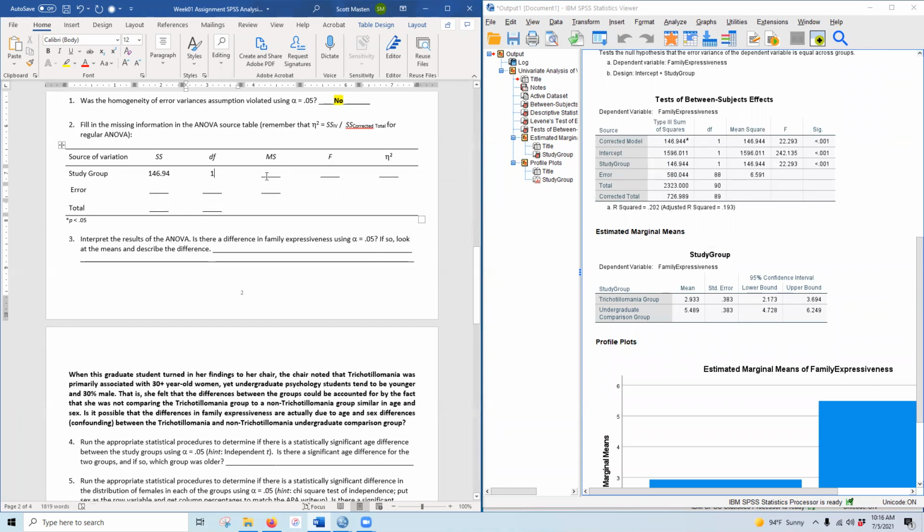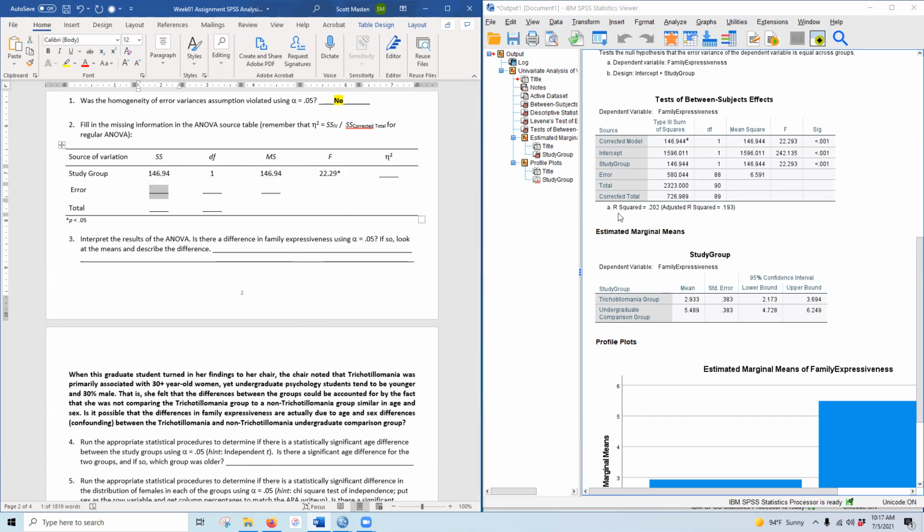Therefore our mean square, which is just sum of squares divided by degrees of freedom, so when you divide by 1, you get the same number. So it's also 146.94. Our F value is 22.29, and don't forget to put a little star on that. It is sig, less than 0.05, right there.